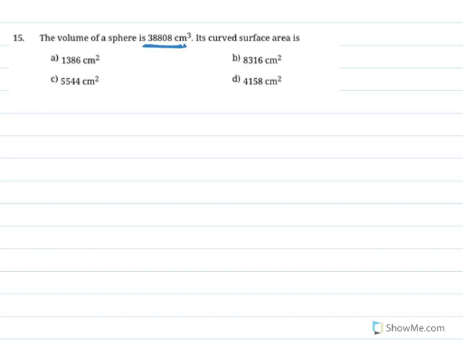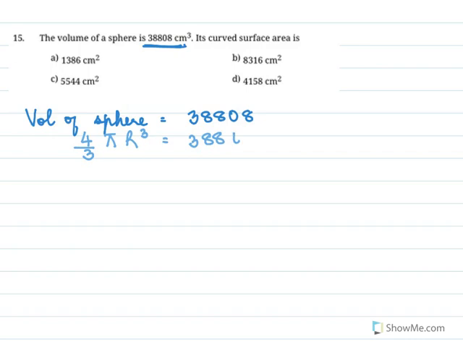The volume of a sphere is given as 38808. Find its curved surface area. So volume of sphere 38808. Volume of sphere formula 4 by 3 pi r cube equal to 38808.